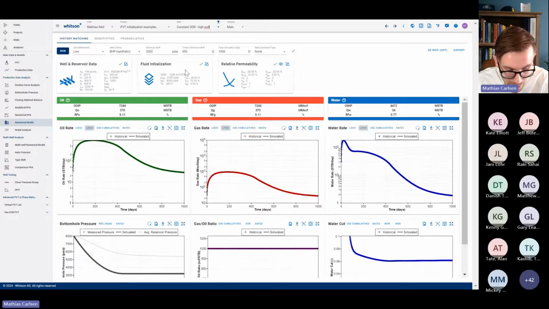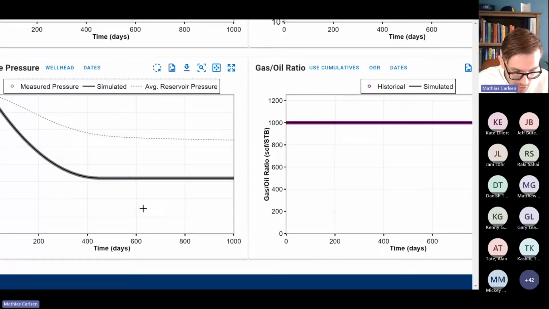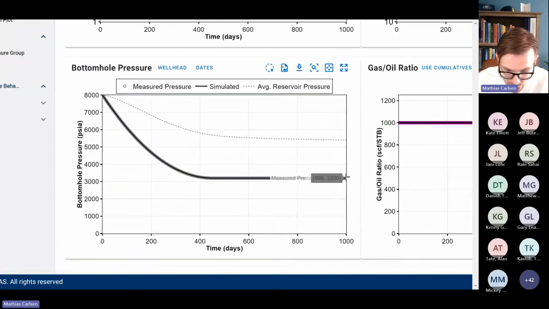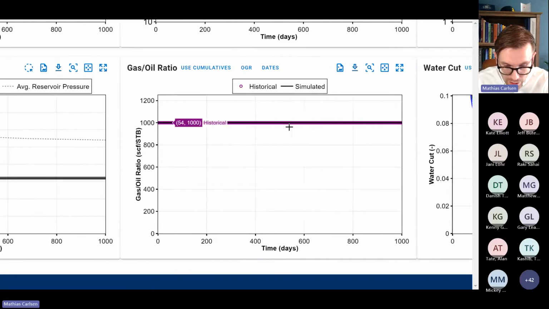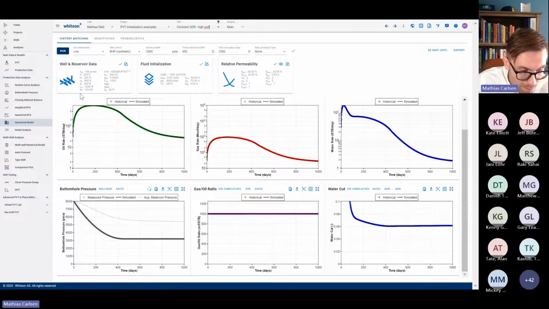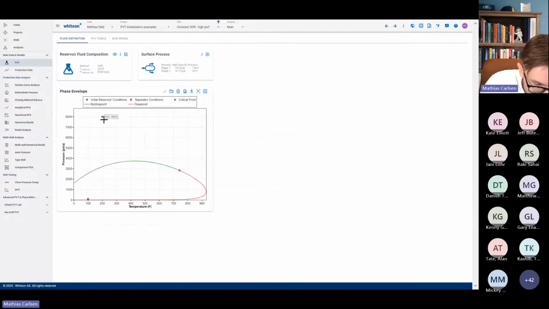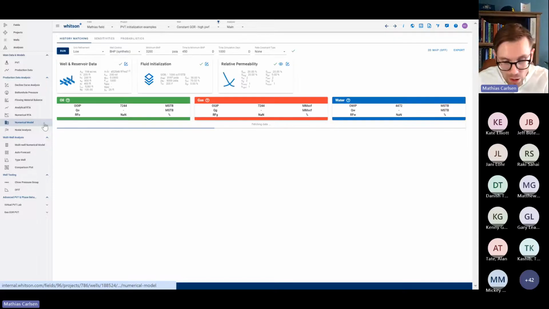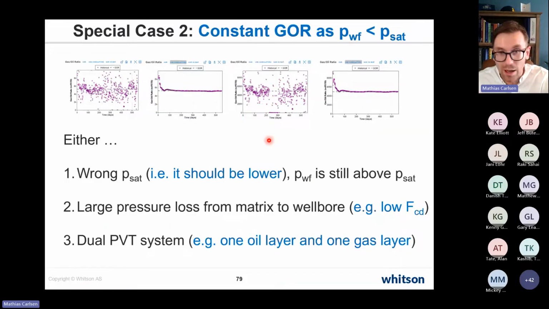So in this case, if my bottom hole pressure never got below the saturation pressure, the saturation pressure was 3,200, and it was always above the saturation pressure, then the GOR will be constant, right? Because now we're always above the saturation pressure here. So the bottom hole pressure goes to here, and not a PSI lower. So you're never inside of the 2-phase envelope, okay? That is one plausible explanation, and that's this guy at the top here.